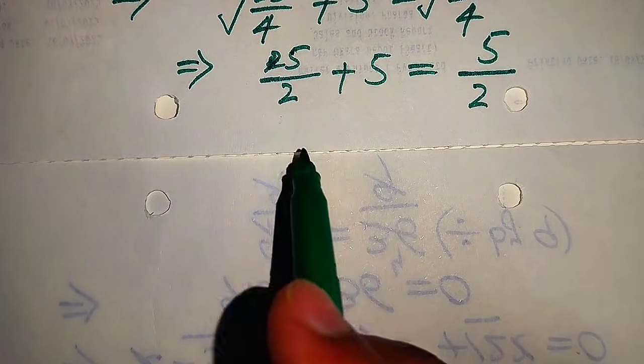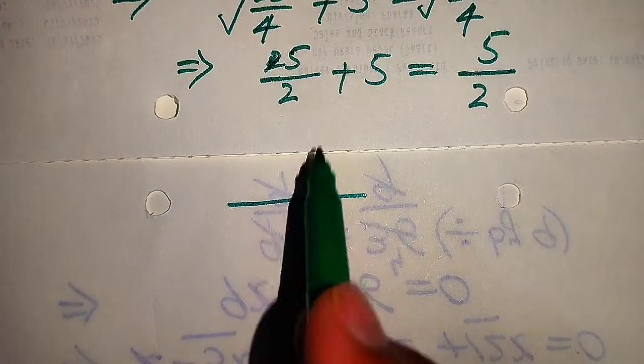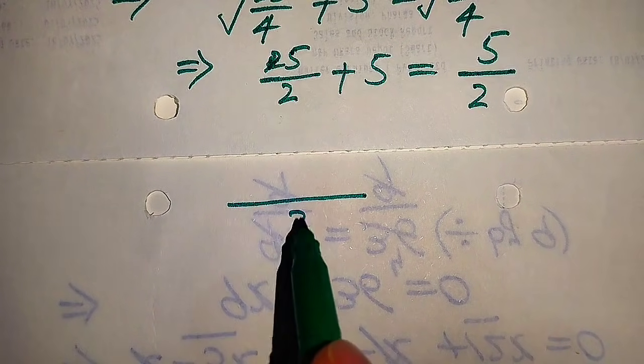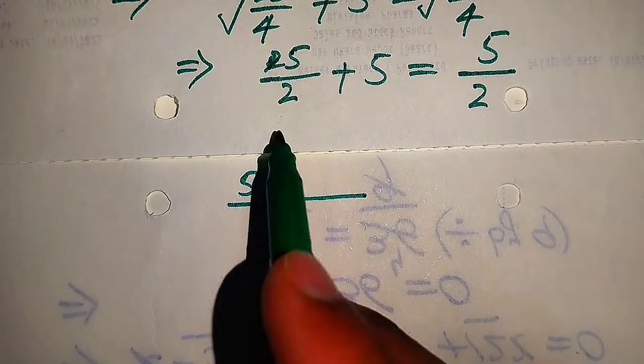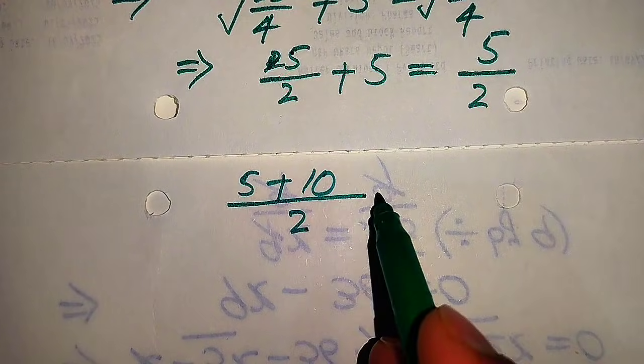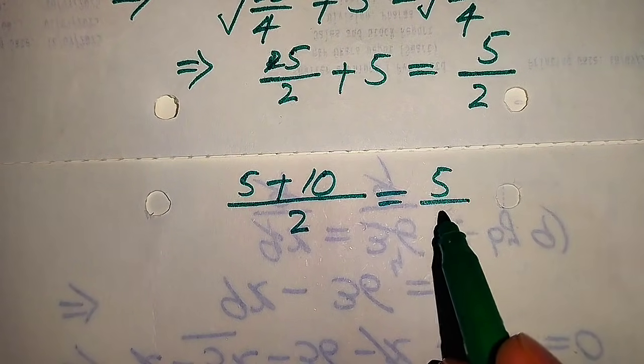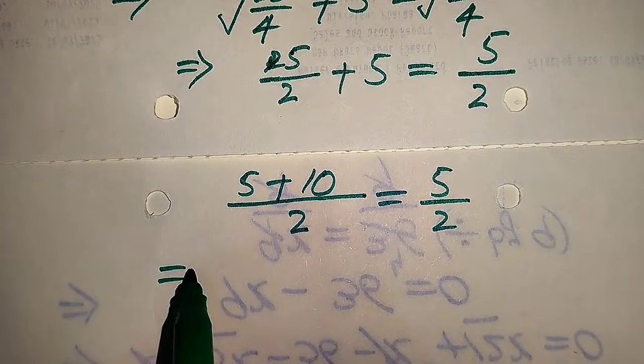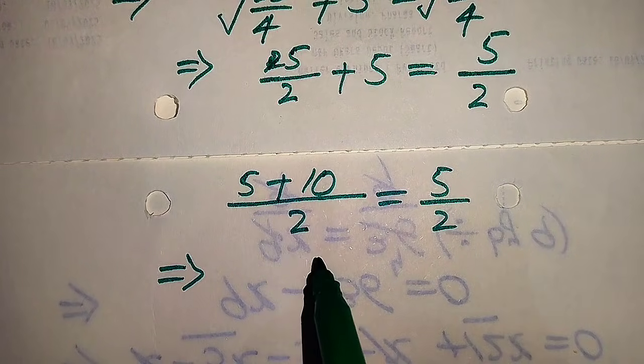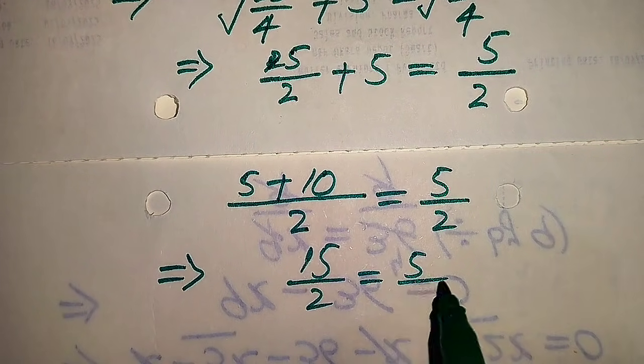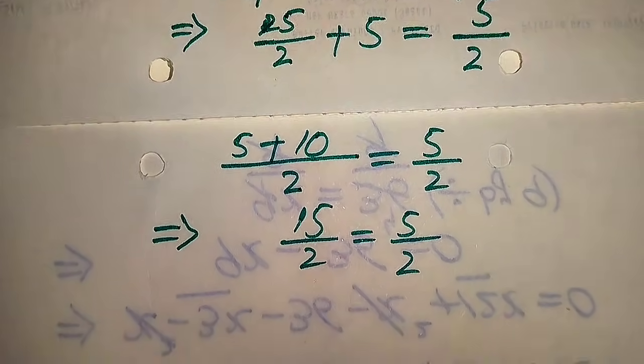Here we need to take the LCM on the left hand side, and its LCM becomes 2. So this 2 and 2 are gone, and we get 5 plus 2 times 5 becomes 10 is equal to 5 divided by 2. So we have 5 plus 10 becomes 15 divided by 2 is equal to 5 divided by 2.